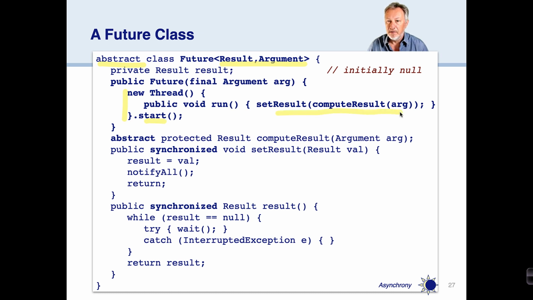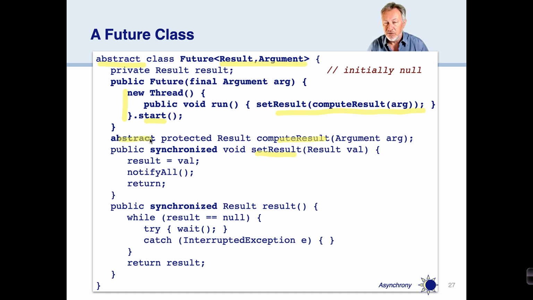And what the run method does is it sets the result, here's the set result method, to the value of a compute result method, which is abstract.